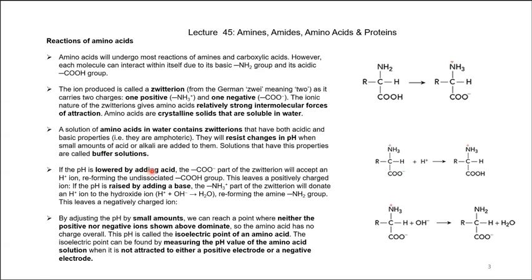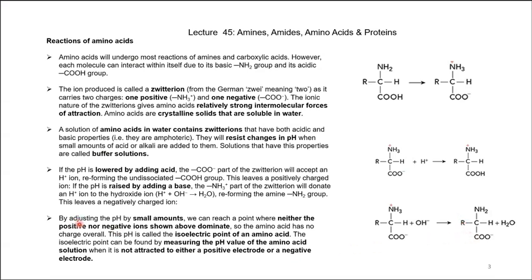So if pH is lowered, the acidic group of the zwitterion will accept a hydrogen ion, and then we can get this cation. And from that cation, if we add a hydroxide ion, we get this anion.